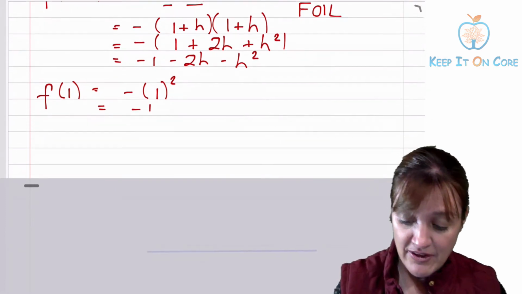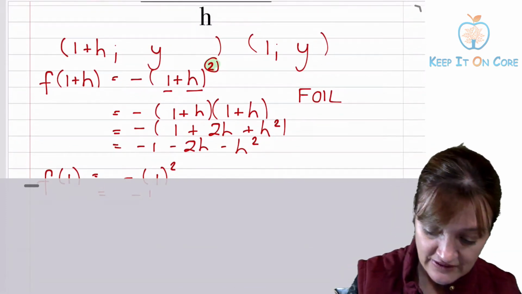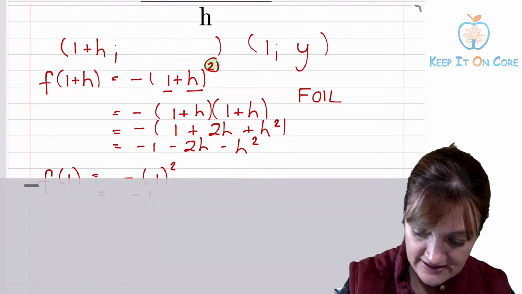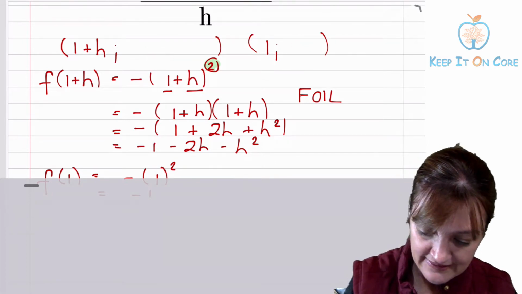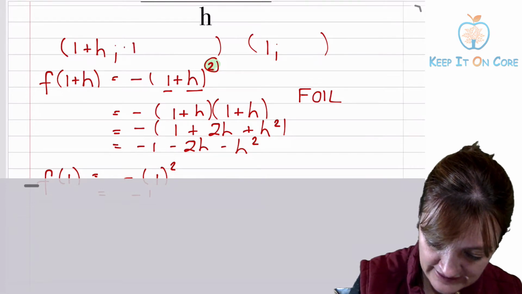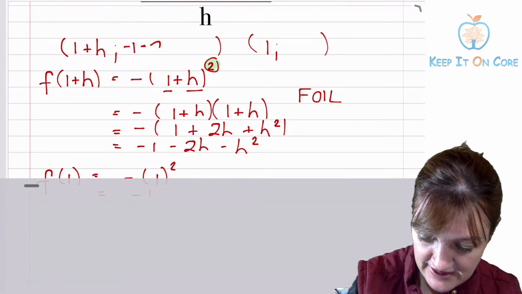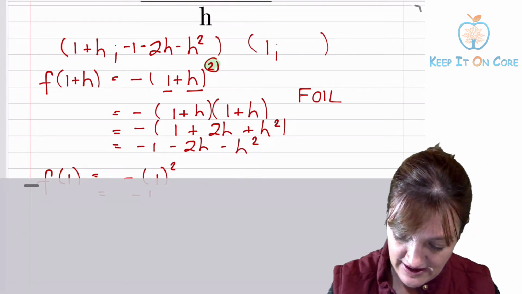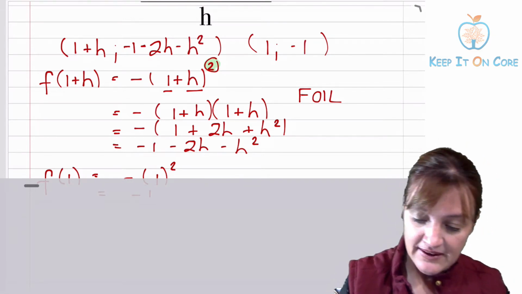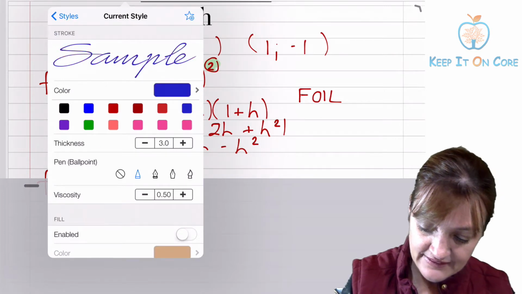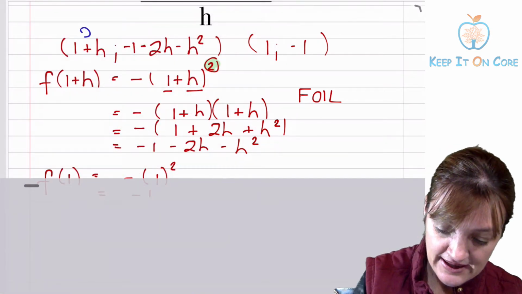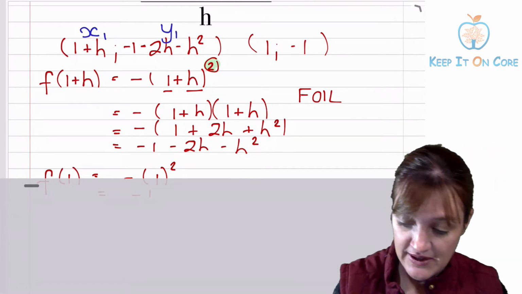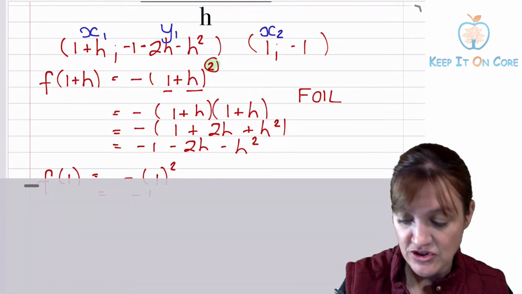Now let's fill in the unknown y's. The first y value was negative 1 minus 2h minus h squared, and the other y value was just negative 1.